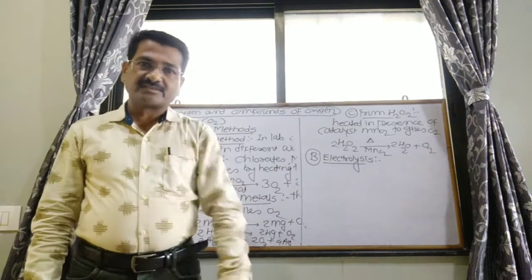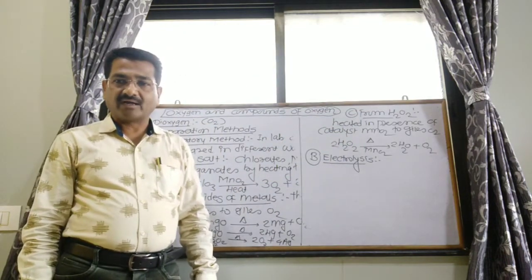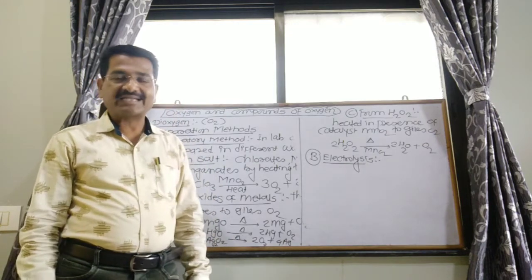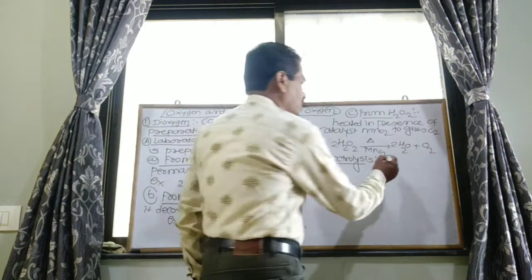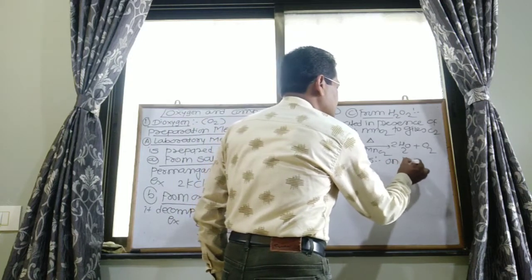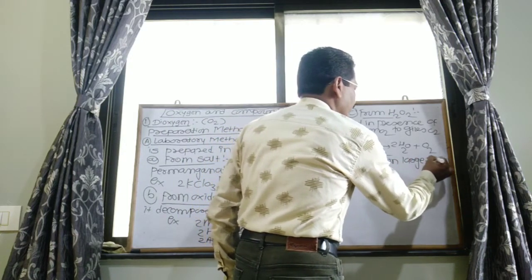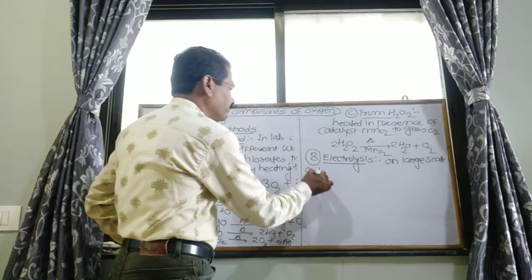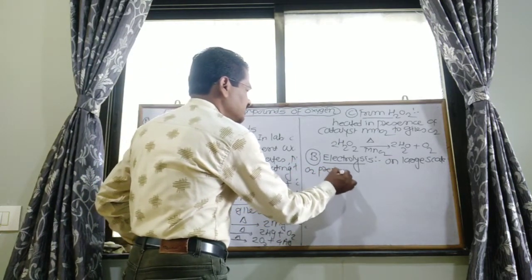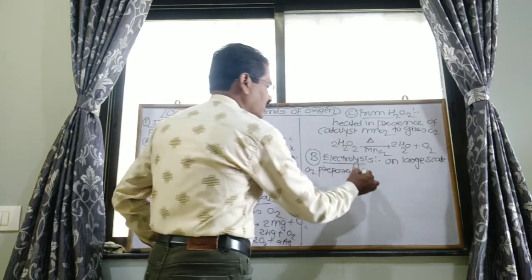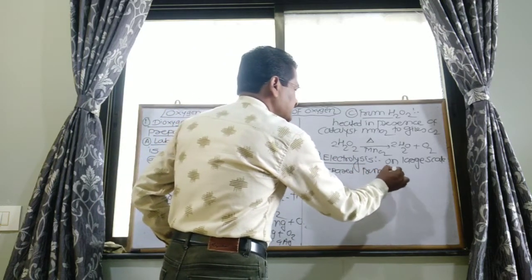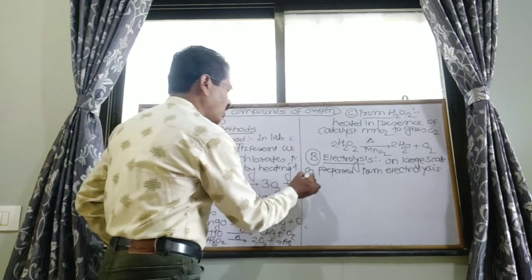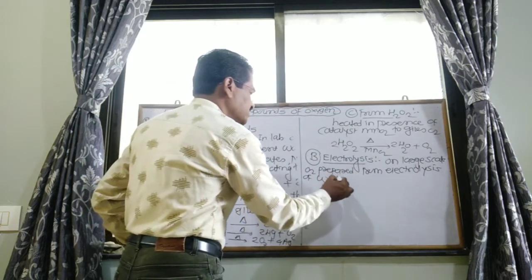By this process, dioxygen is prepared on a large scale. O2 is prepared from electrolysis of water, that is H2O.